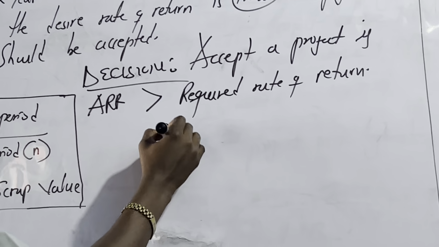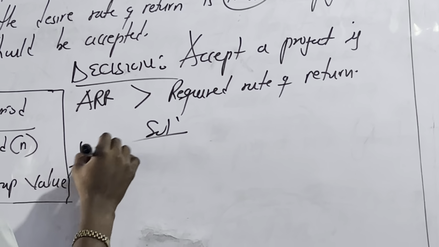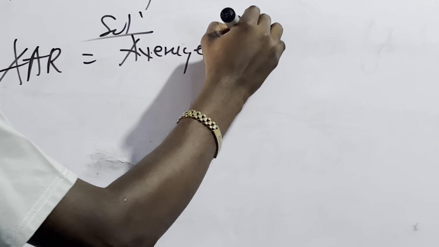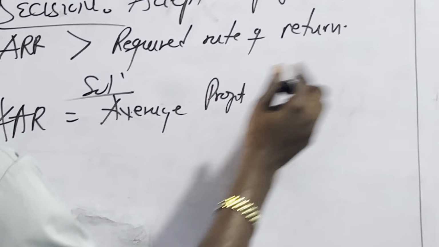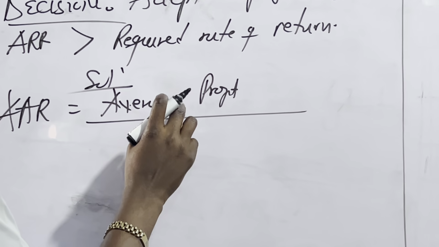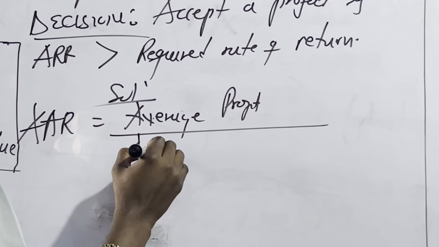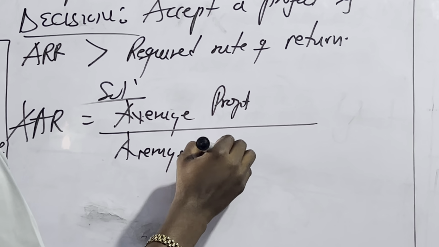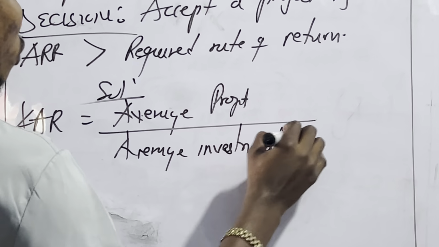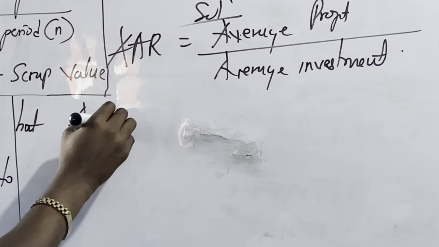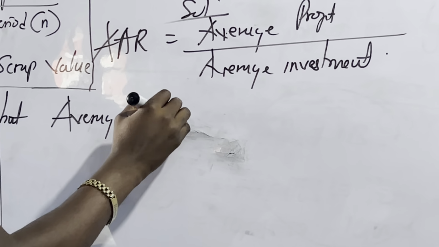Okay, so now we have this. Our ARR is our average profit, that is our average net profit, over our average investment. So what is our average net profit?